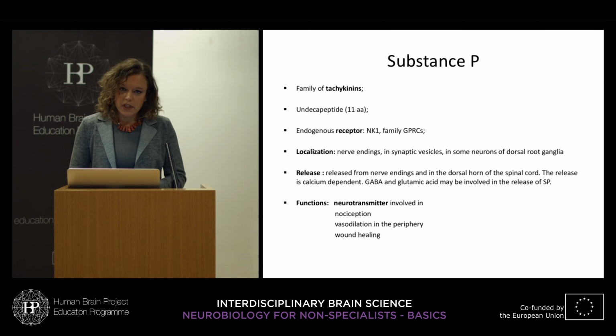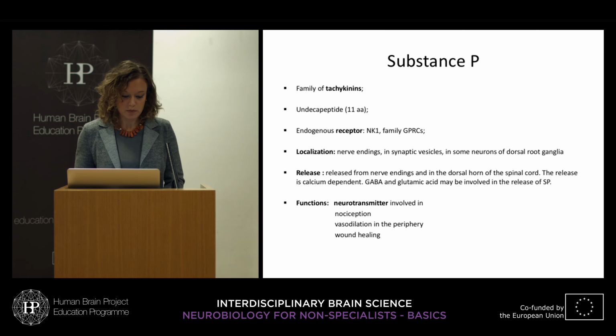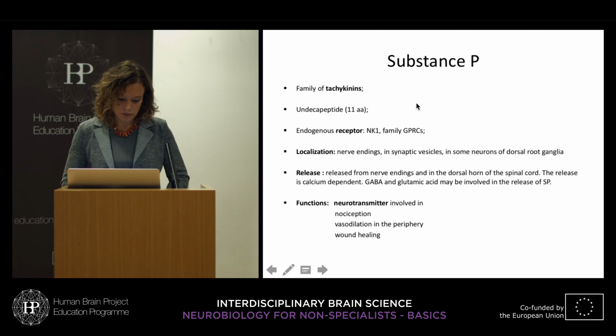Substance P, this important neurotransmitter involved in nociception, belongs to the family of tachykinins. It's a peptide of 11 amino acids, and it binds its own receptor, the neurokinin 1 receptor, which is a G protein coupled receptor.